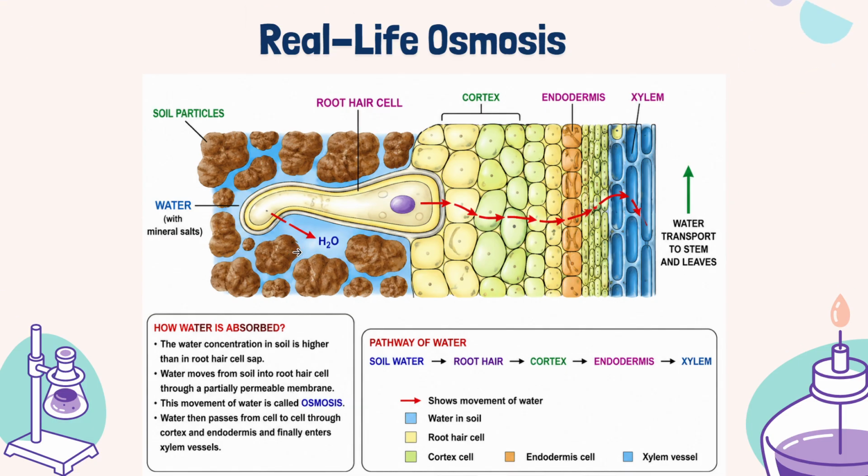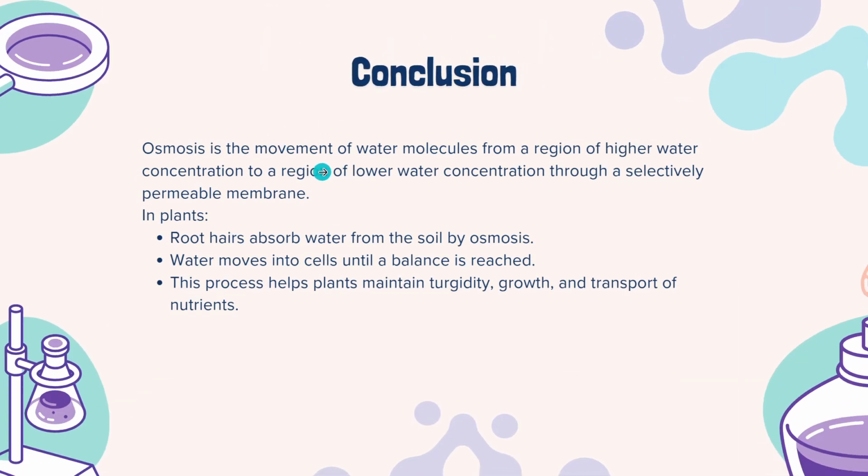So this is how we see real life examples of osmosis. We finally concluded that osmosis is the movement of water molecules from a region of higher water concentration. If I'm saying higher water concentration, it means lower solute concentration.